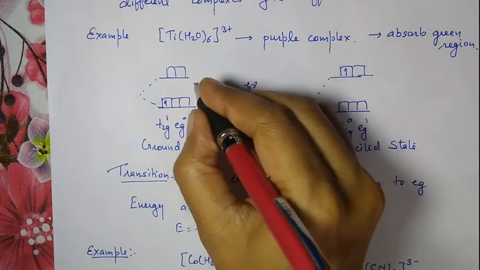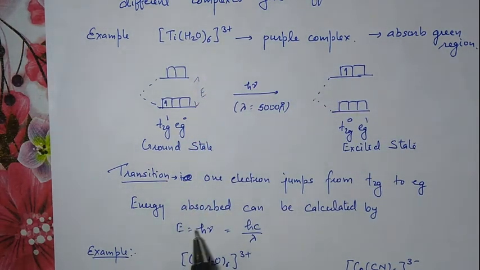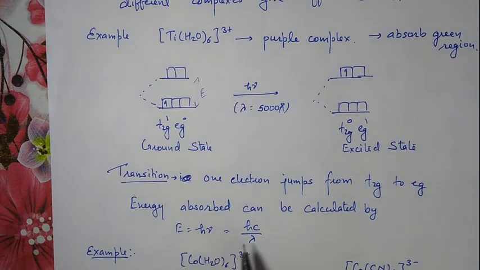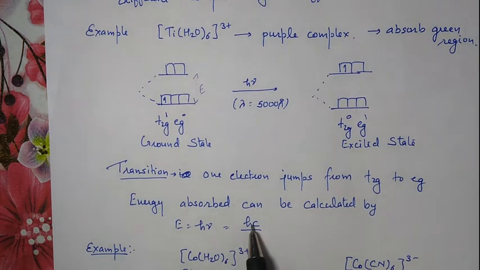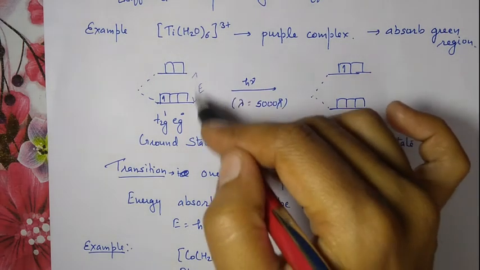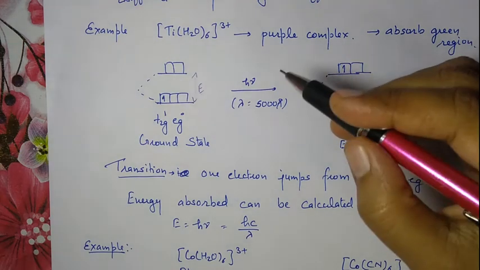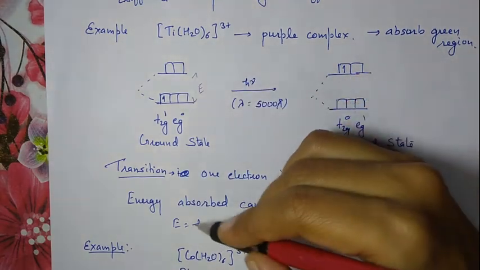The energy required for that can be calculated: E is equal to h nu, that is frequency, and c by lambda. If lambda is known, then this delta can be calculated spectrophotometrically. This delta O or delta T value for any complex can be calculated by this calculation.